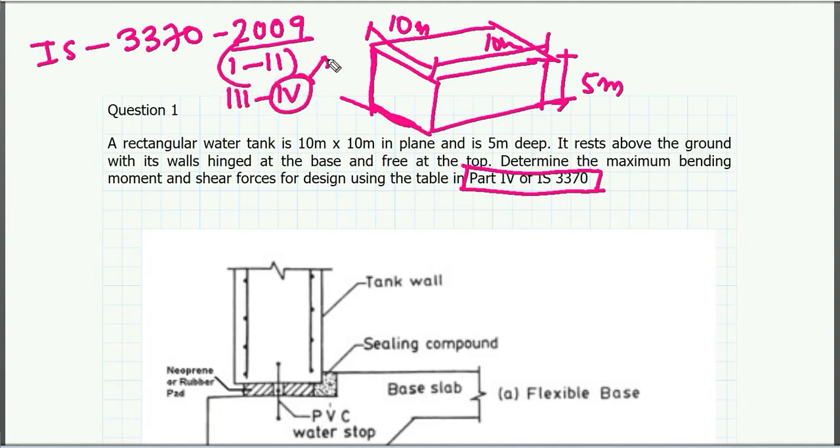Part 4 is used for calculation of the moment and shear forces for rectangular and circular water tanks. So for this particular problem, we are going to use part 4 of IS 3370, and that will be used to see how to calculate the moments and the shear force as well.